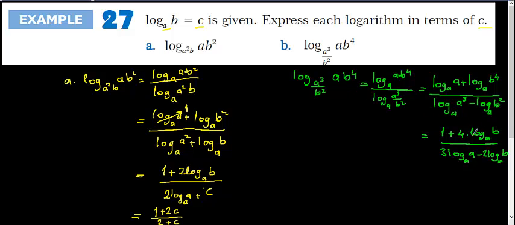Here logarithm base a of b is equal to c and logarithm base a of a is equal to 1. That's why it's going to be 1 plus 4 times c over 3 times 1, which is 3, minus 2 times c.